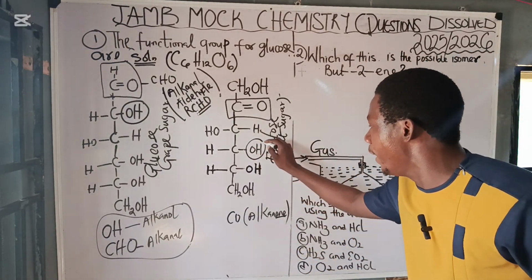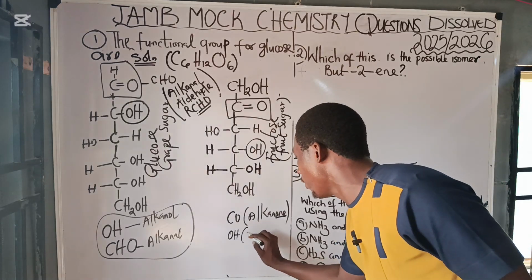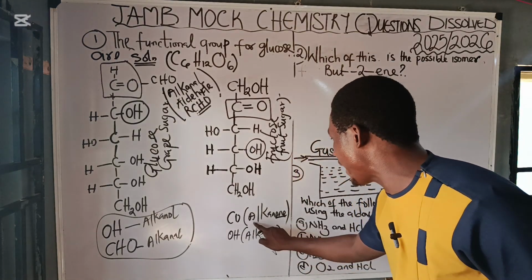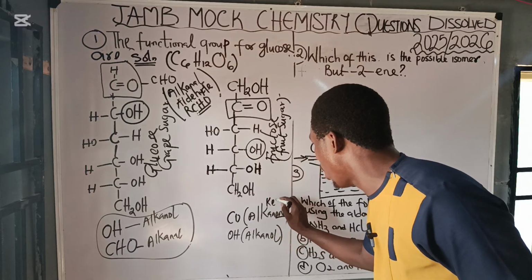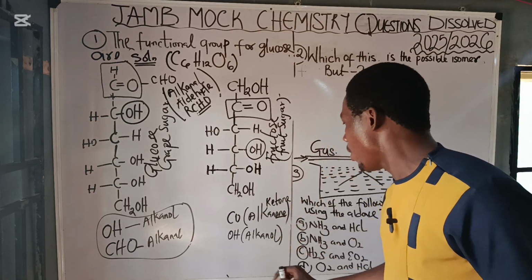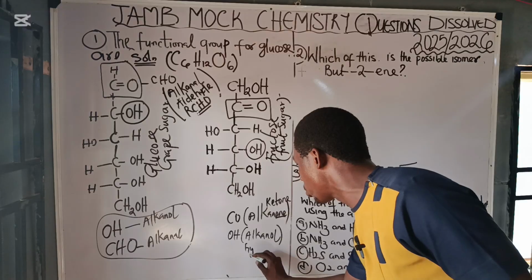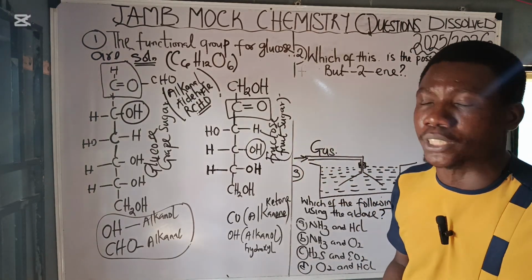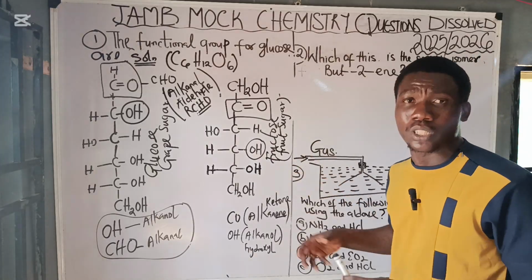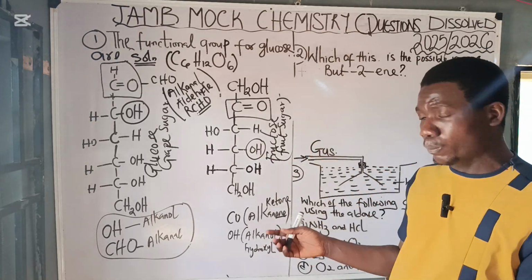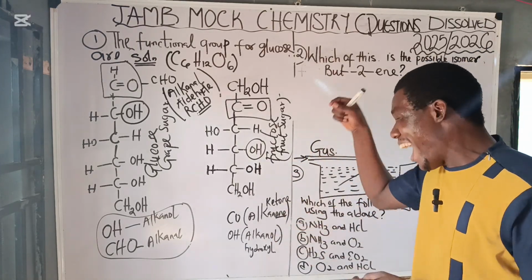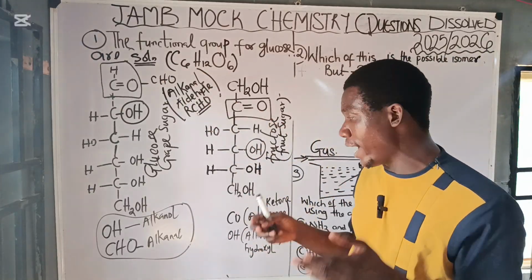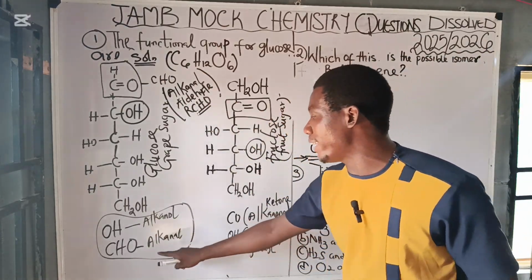Then the OH is the functional group for the alkanol, which is also called hydroxyl. So it should be noted that fructose has two functional groups, the alkanone and the alkanol, while glucose has two functional groups, the alkanol and the alkanal.